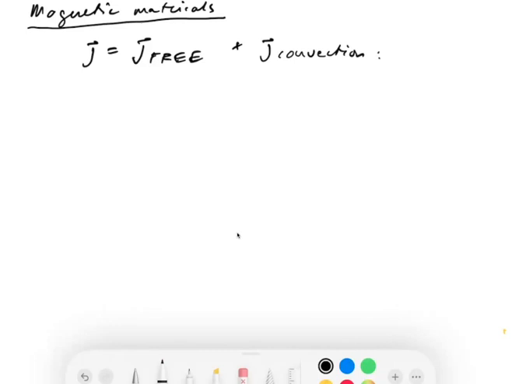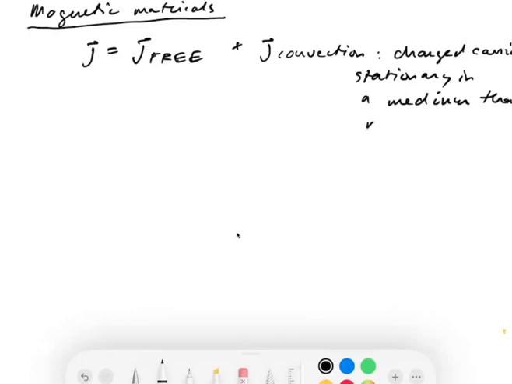It's basically charge carriers stationary in a medium that moves. We will just assume that we don't have to worry about them, but rest assured that they're just charge carriers. They move in a medium, but it becomes a little trickier because now you need to treat that whole thing completely self-consistently.